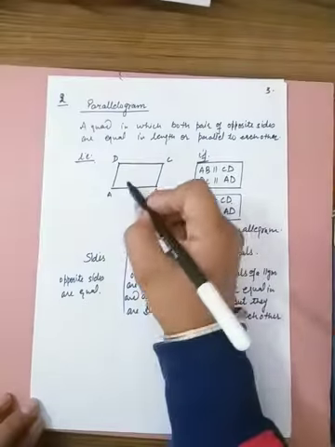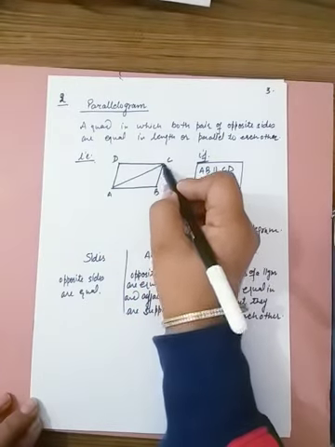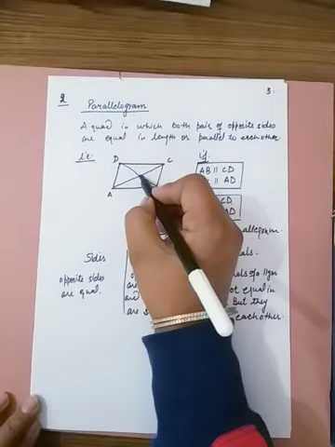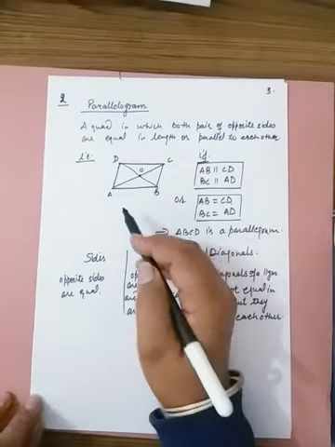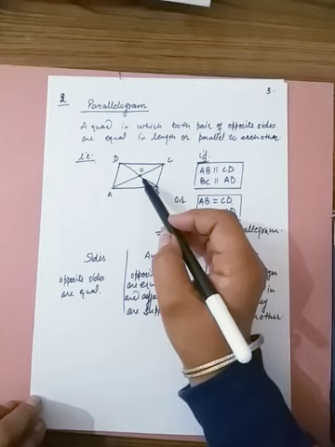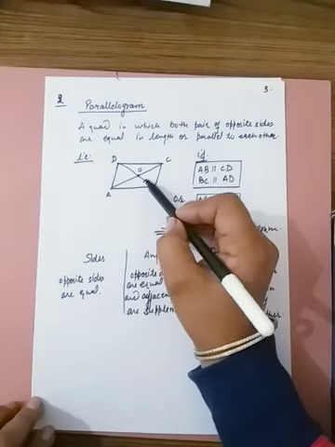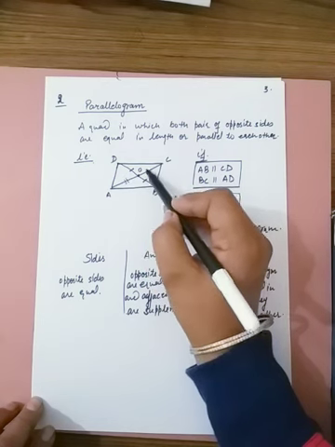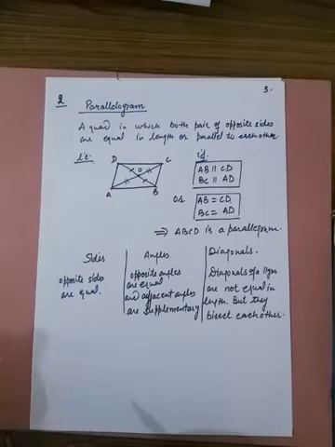Bisect each other means if I draw the diagonals of this parallelogram AC and BD, you can see that both of the diagonals are intersecting at the point O. Here we can say that BO will be equal to OD and AO will be equal to OC. So this is called the diagonals bisect each other.